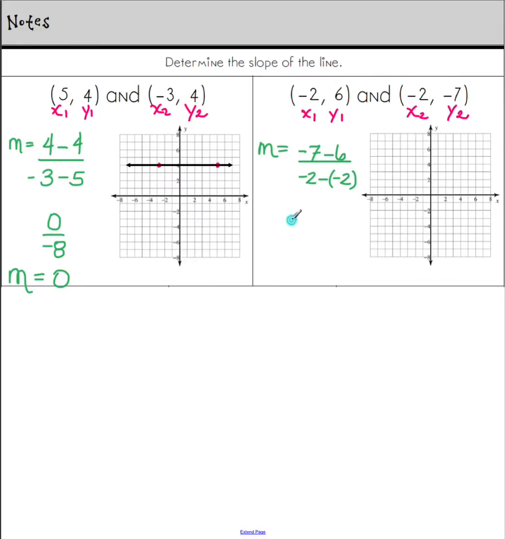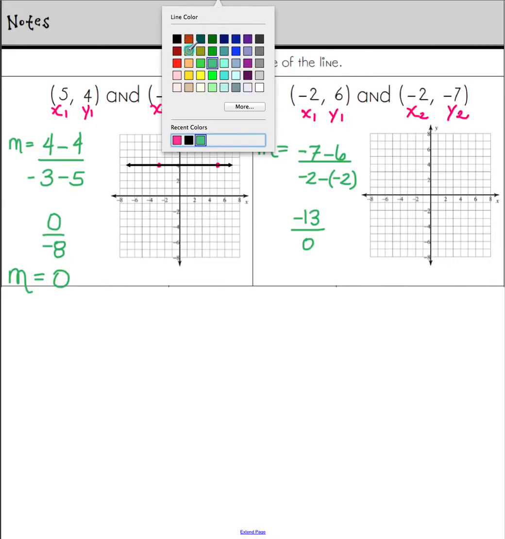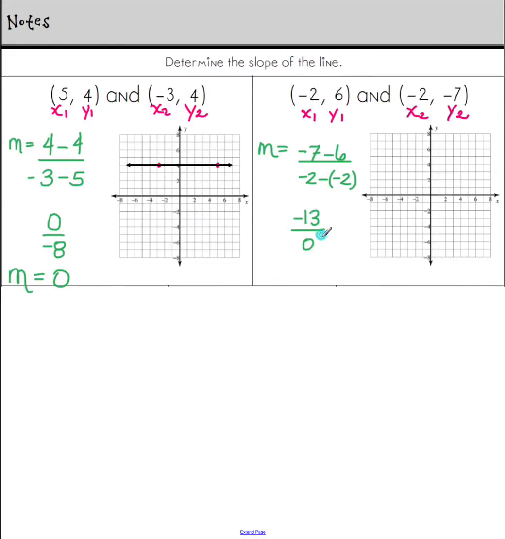So negative 7 minus 6 is negative 13, over negative 2 minus negative 2, which is the same as negative 2 plus 2, which gives us a value of 0. If you were to put this in your calculator, it would give you some sort of error message because you cannot divide by 0.